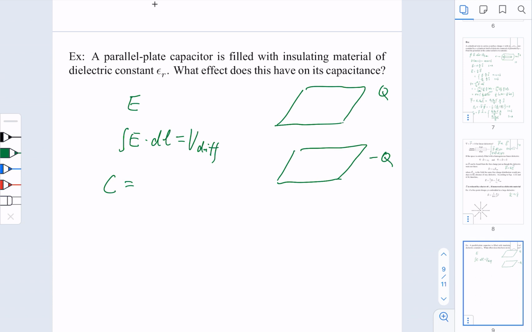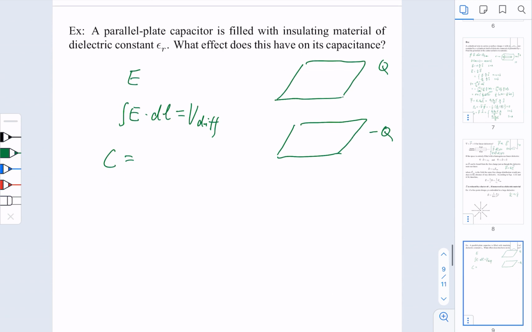The capacitance is simply Q over V or V over Q? Any of you remember if it's Q over V or V over Q?